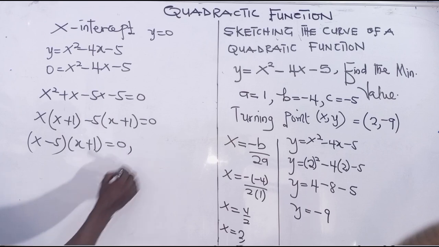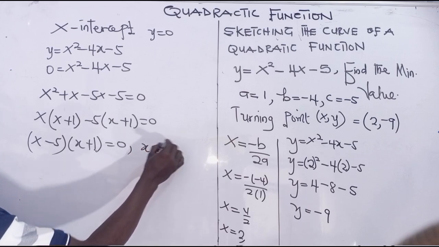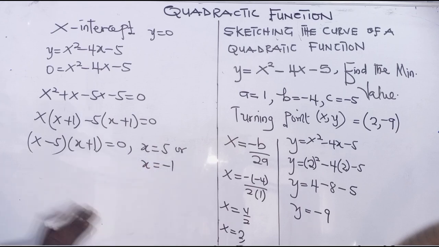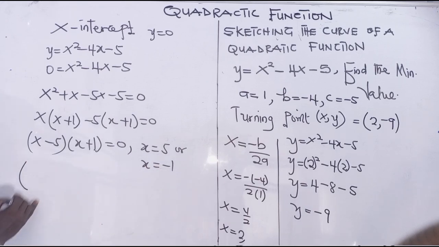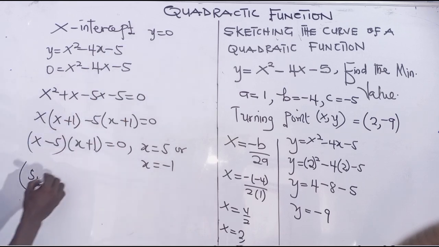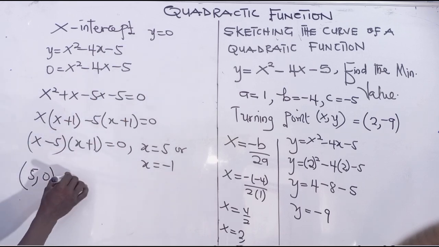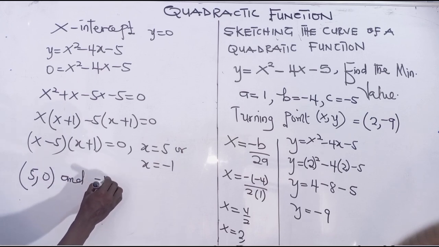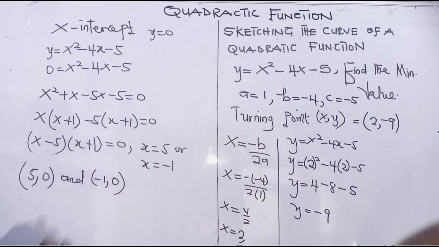So from here we can say that our x is equal to 5 or x is equal to -1. So on the x-intercept, we have the coordinates 5, 0, and we have -1, 0. That is on the x-intercept.